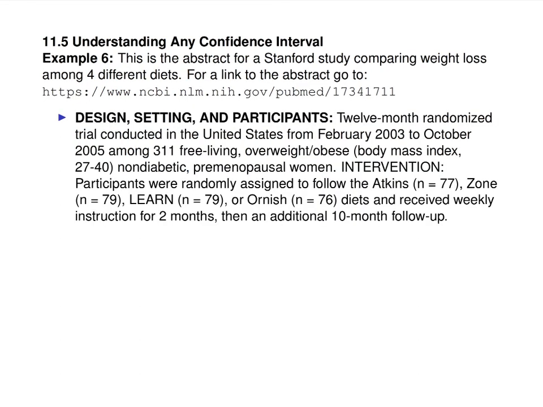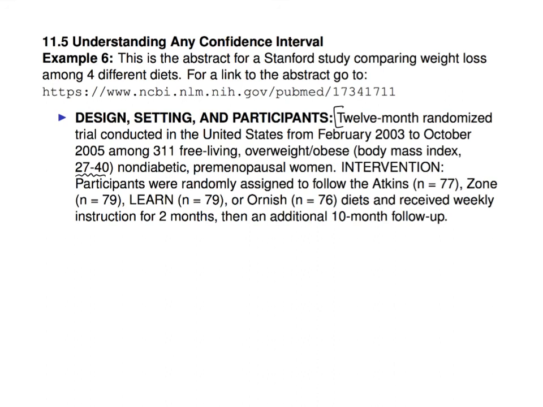All right, here's where they describe the design of the experiment. It was a 12-month randomized trial. So these people were put on a 12-month diet, conducted in the U.S. from February 2003 to October 2005 among 311 free living overweight or obese, BMIs between 27 and 40, non-diabetic premenopausal women.